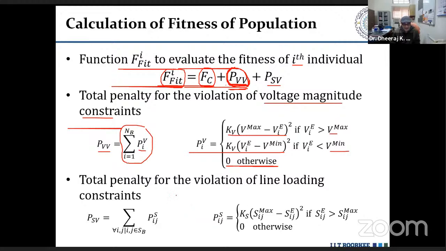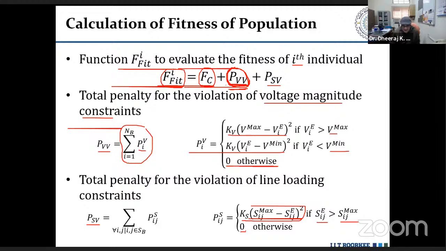Similarly, we can compute the penalty for line loading violation. If my actual power flow is more than the specified limit, it will assign some value, and this we have to compute for all the lines in the network. If constraint is not violated, again it will assign 0.